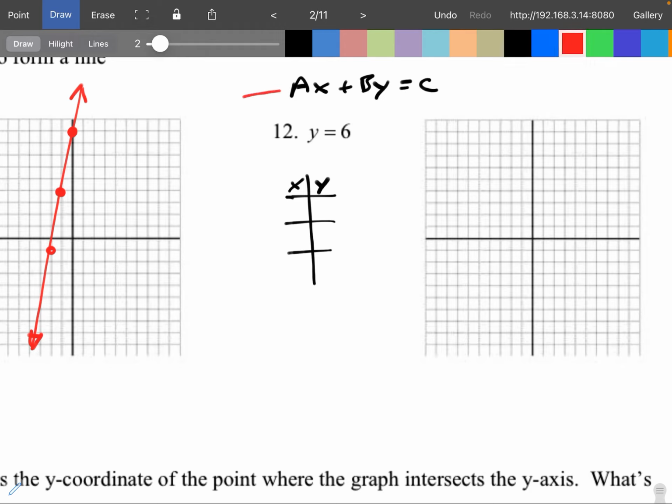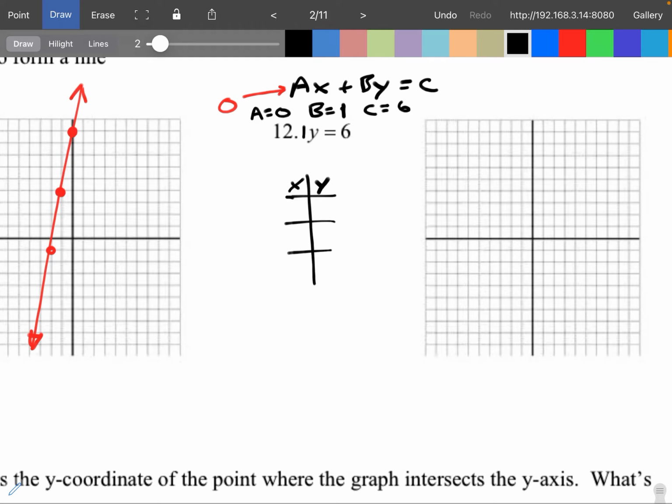Remember back when we were talking about standard form, it said, remember standard form was ax plus by equals c, right? Well, this one still conforms to that, doesn't it? Just the a happens to be 0. All right, the a is 0, so you got an equation that looks like by equals c.